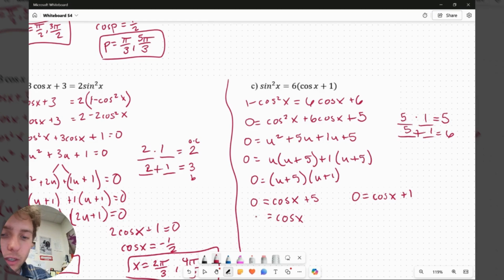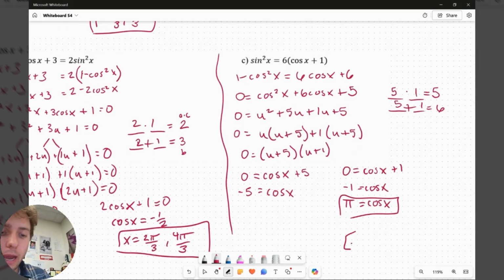I need to find when cosine x is negative 5. I need to find when cosine x is negative 1. We already knew what angle caused it to be negative 1. That was simply at pi. But realize cosine and sine are bound between negative 1 and 1. Negative 5 is outside of this range.